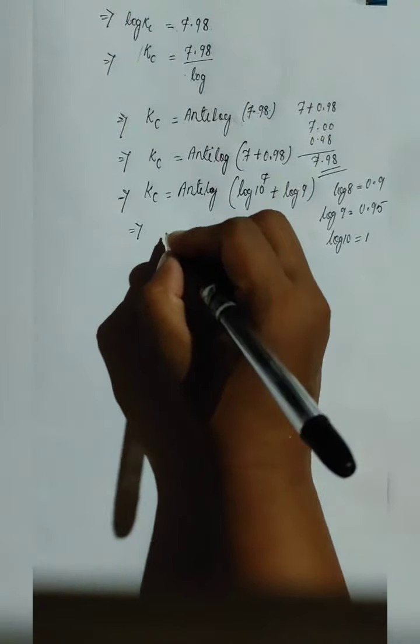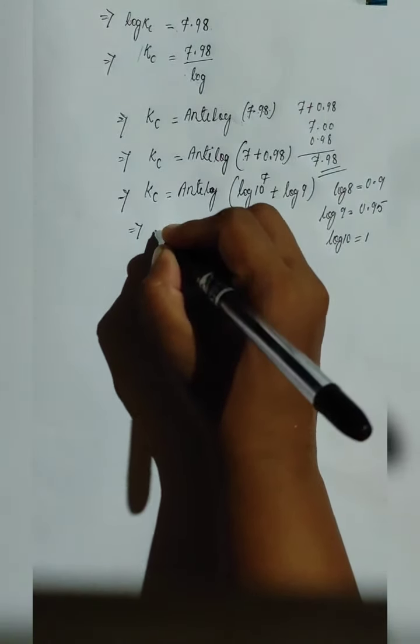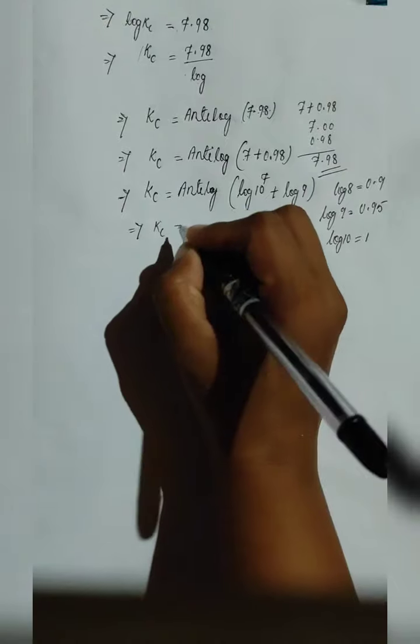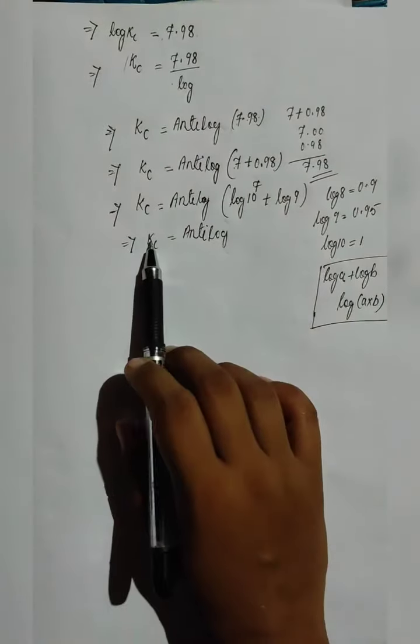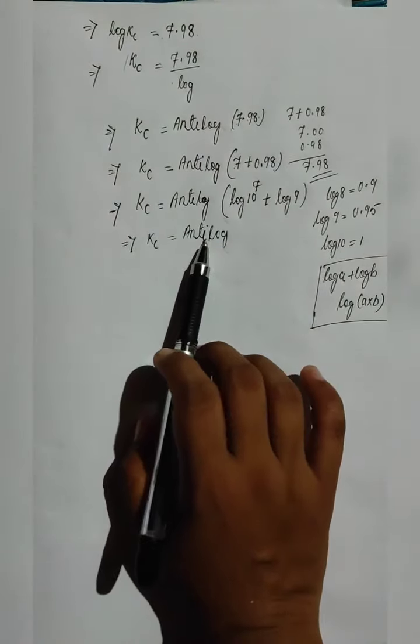So our next step will be Kc will be equal to anti-log.